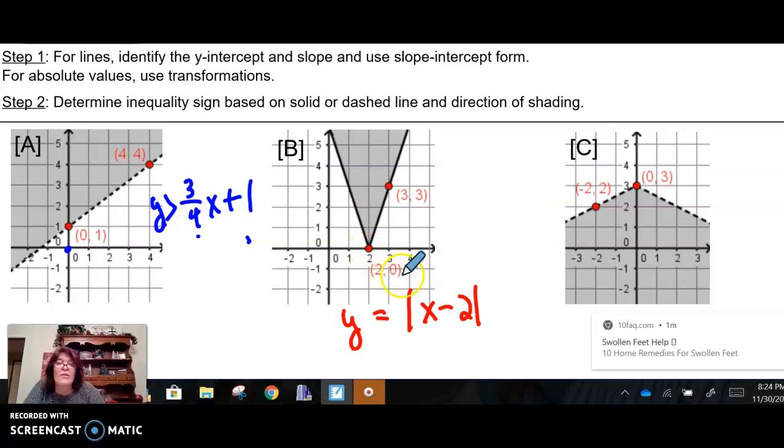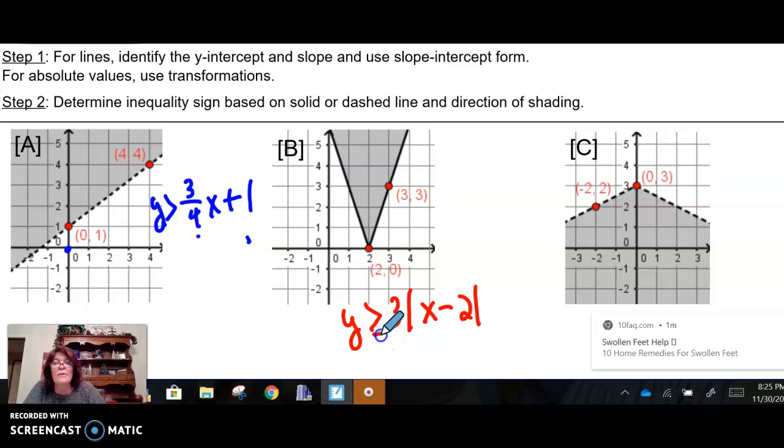The y-coordinate of the vertex is 0. I don't think it's just 1. Let's see. It looks like I go up 1, 2, 3 over 1. It's very skinny V. Okay, so we have a 3 here. Now it's not equal to. It's everything bigger. I shaded all the y-coordinates that are bigger than the y-coordinate on the V.